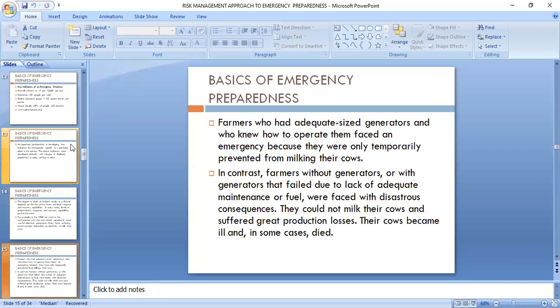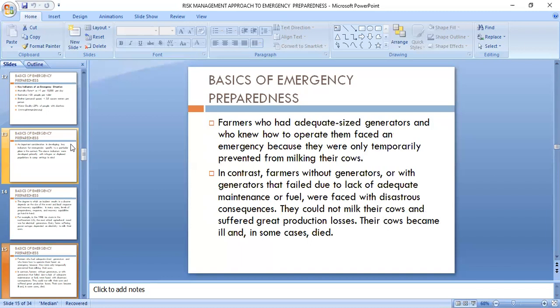But it was observed that farmers that had generators, and knew how to operate them, and the generators were in good condition, were able to contain the situation on time because they had an alternative source of power.